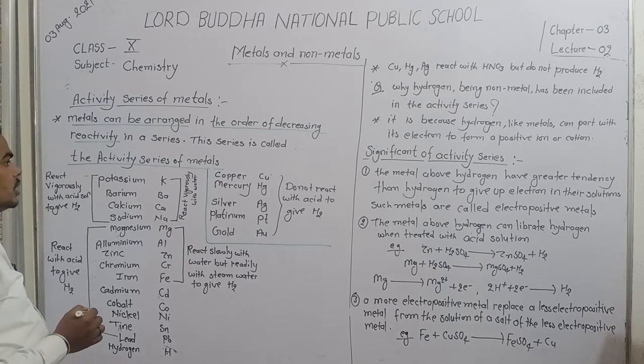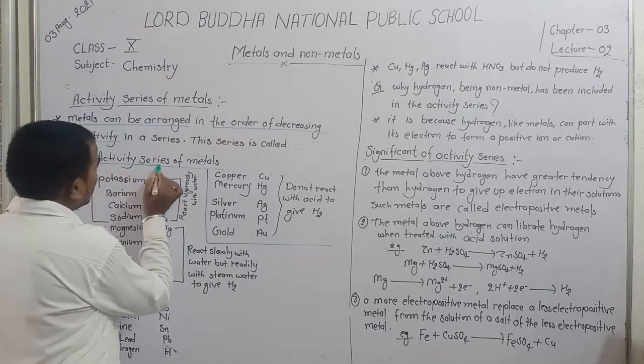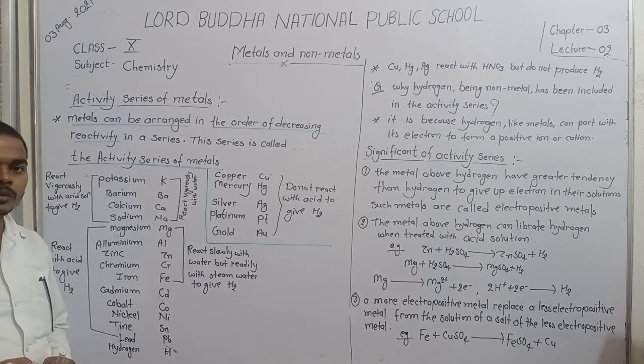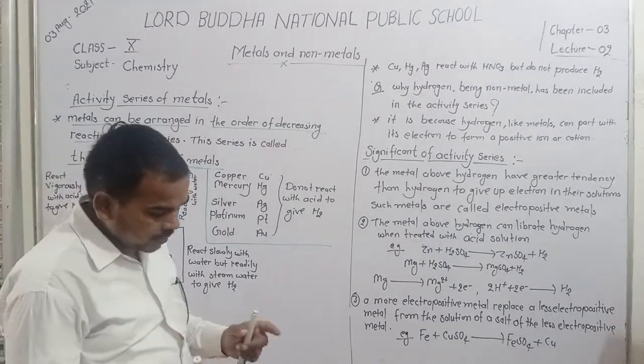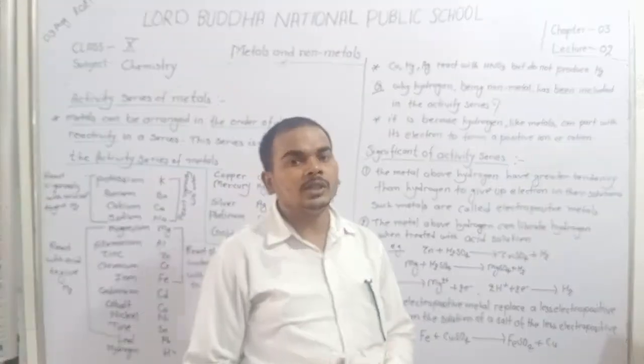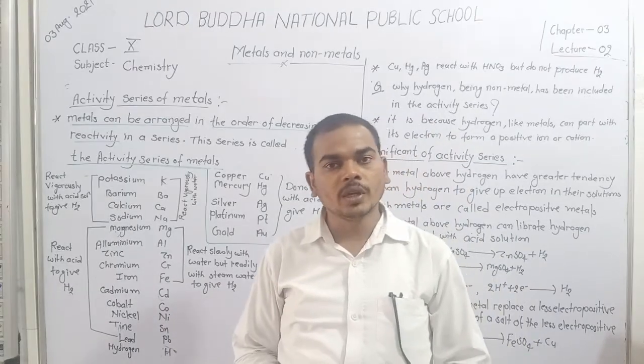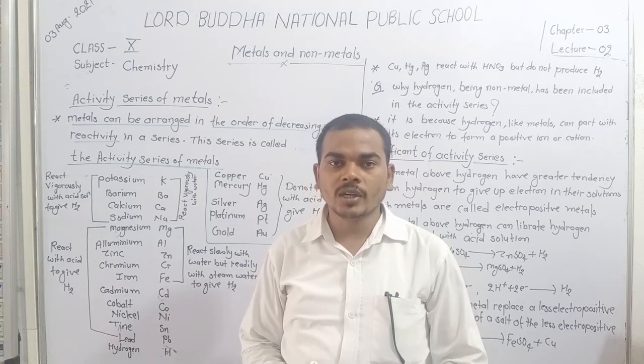This series is known as the activity series of metals. The activity series is the series in which metals are arranged according to their decreasing reactivity.